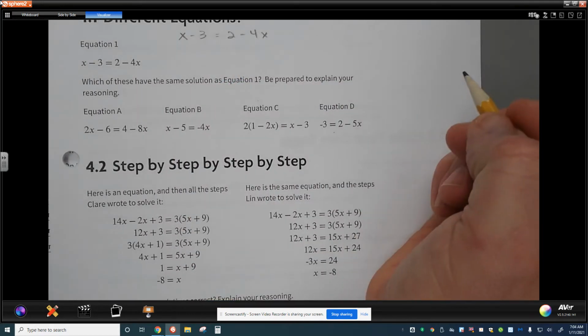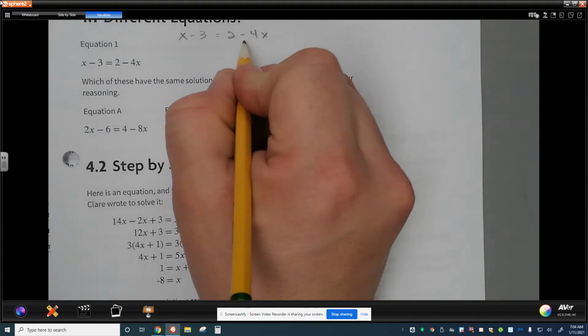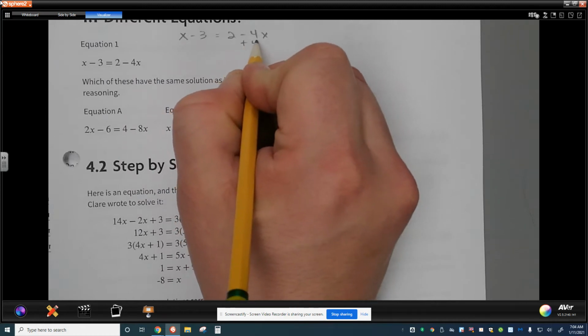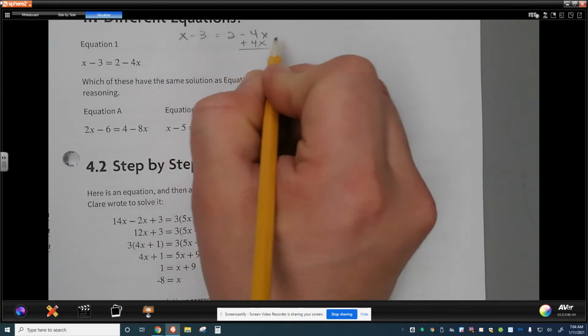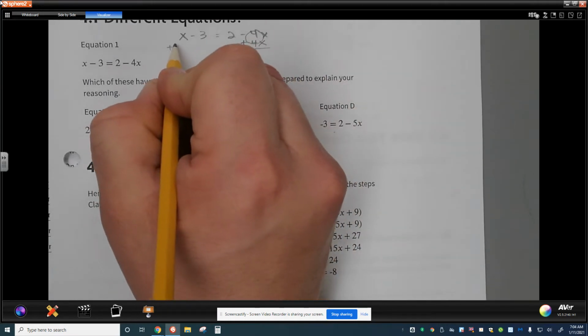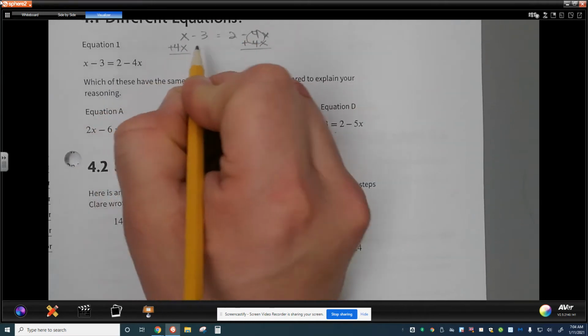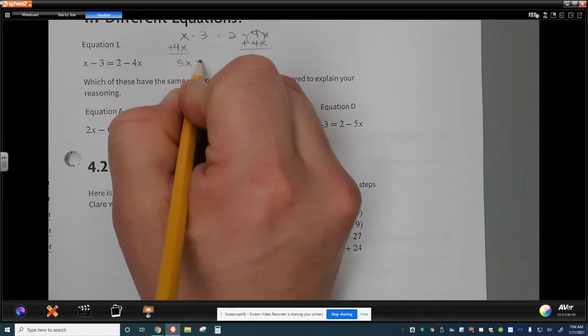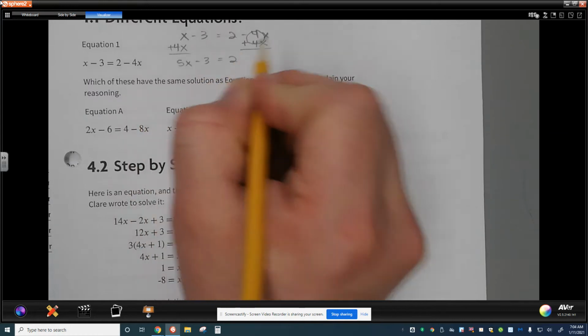If I add the opposite, that undoes this value. So when I see subtract 4x, if I add 4 times x to the expression on the right, that eliminates that 4x here. But to keep equality, I have to add 4 times x over here, and I have 5 times x minus 3 is equal to 2.